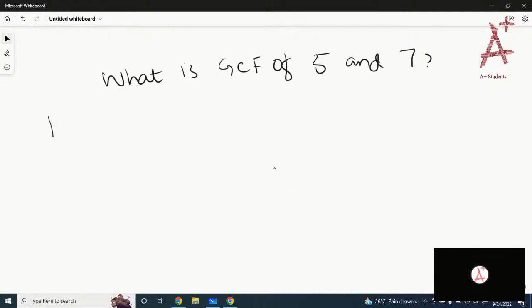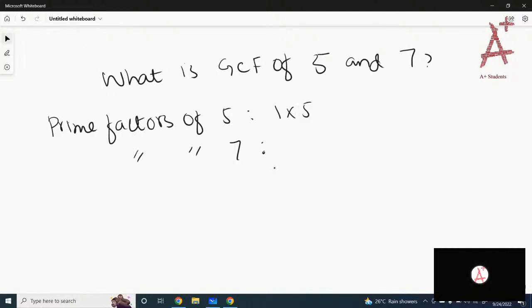Look how. Write the prime factors of both the numbers. For 5, they are 1 times 5, and for 7, they are 1 times 7. So you have the only common number, that is 1.